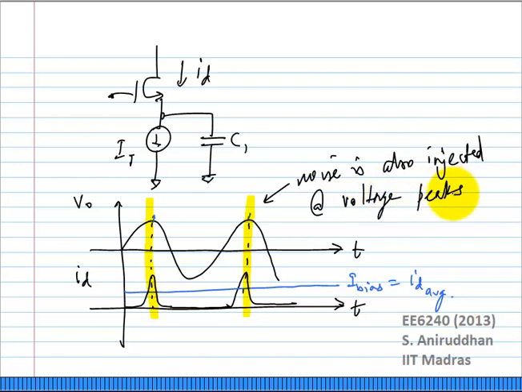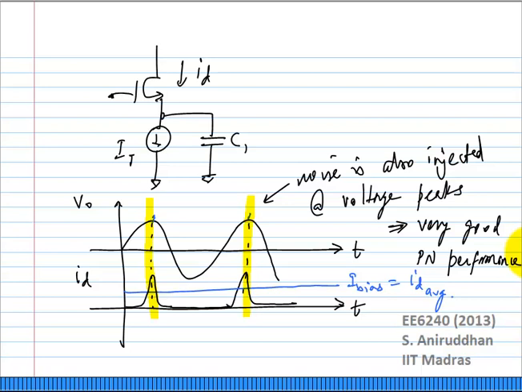Fundamentally you do find that the ISF of such an oscillator is different from that of the cross-coupled oscillator, and people have observed better phase noise.